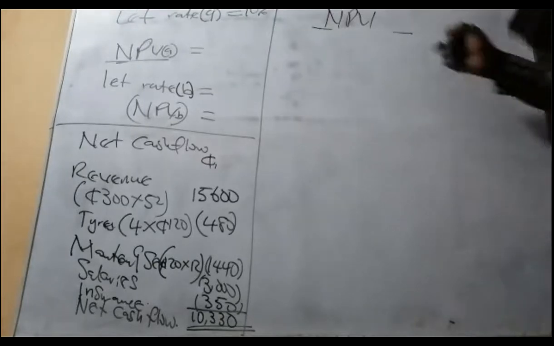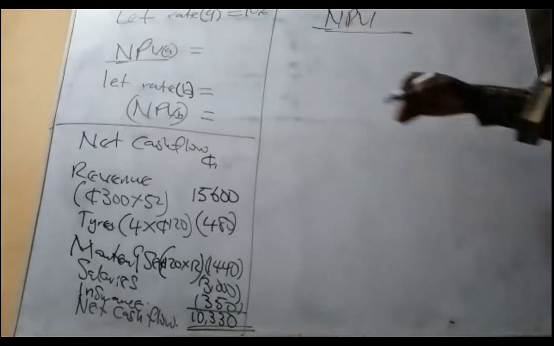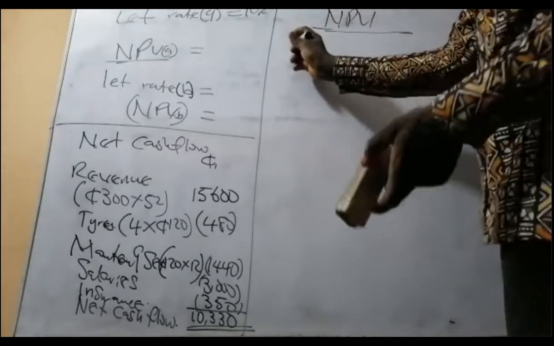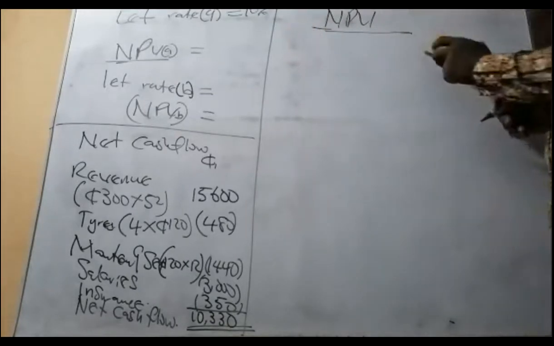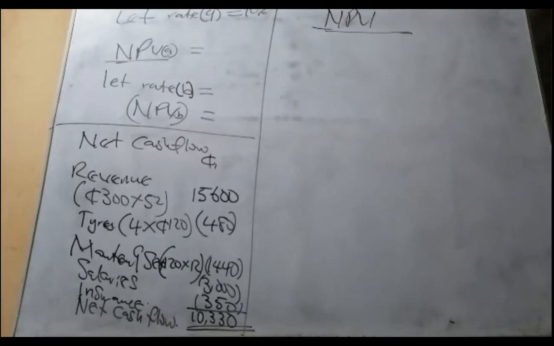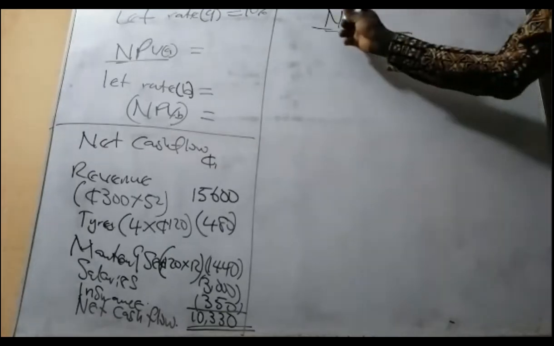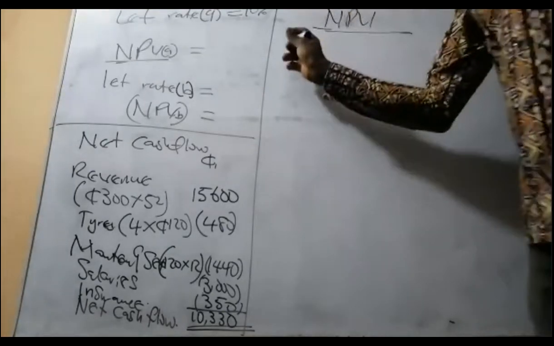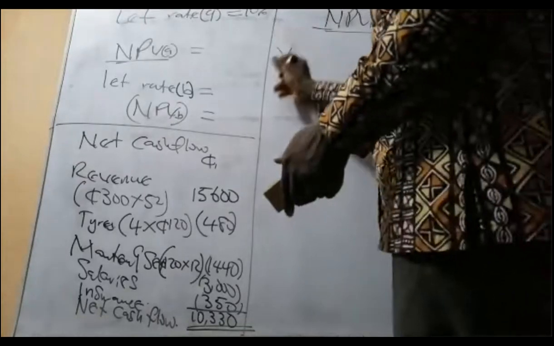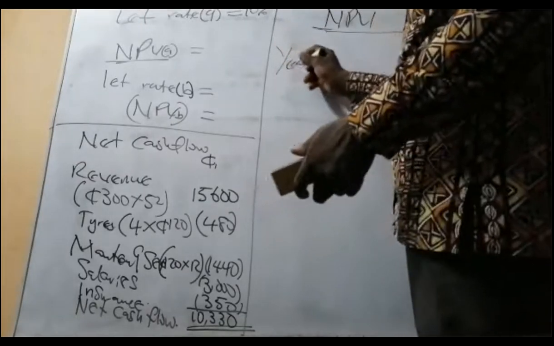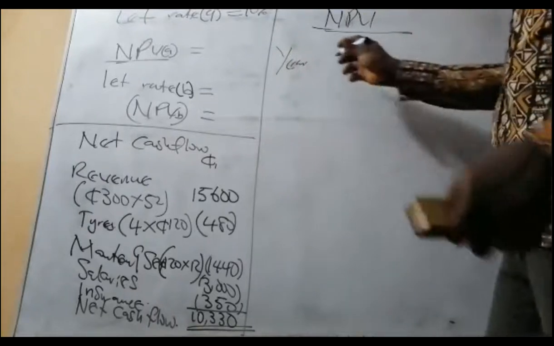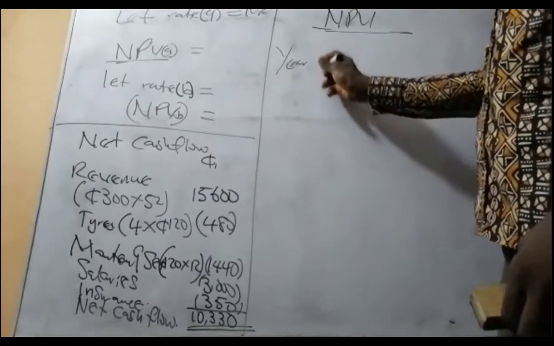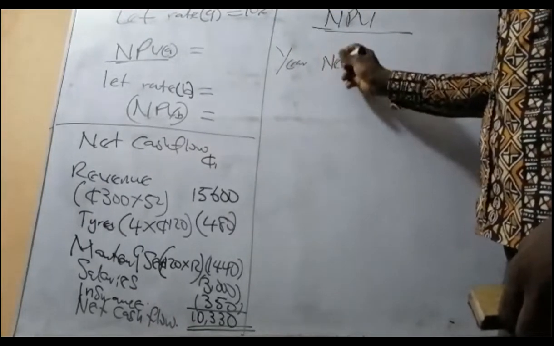Because 5 years might not contain the space, so I'll descend it down. So instead, I'll do it like this. I'll do first of NPV. So first, I'll write here year. Then I'll put a cash flow here, that is the net cash flow.